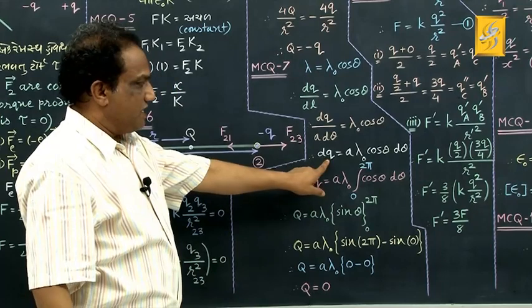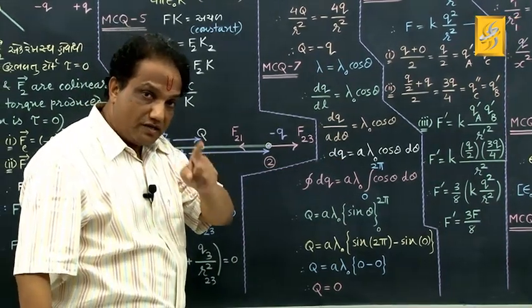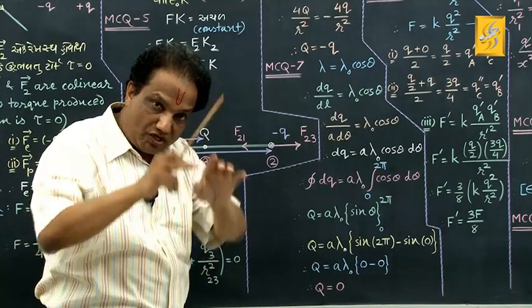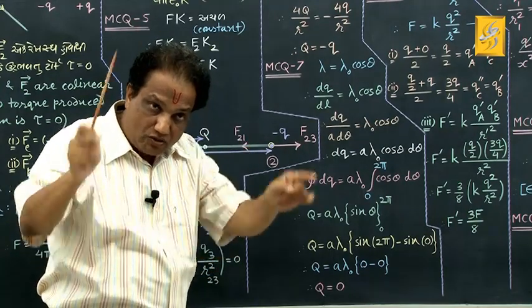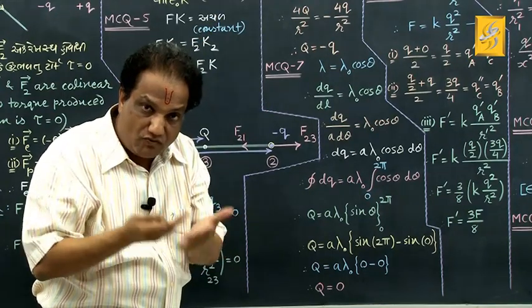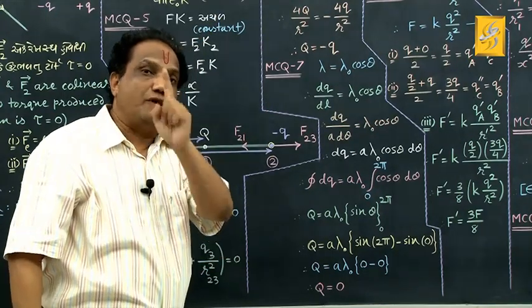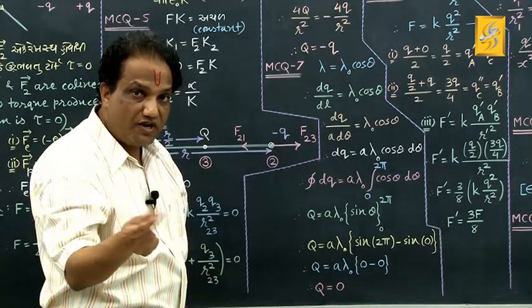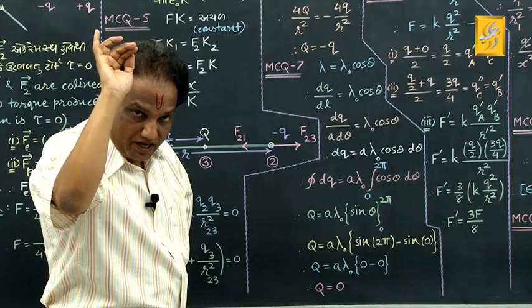But this is the charge present over the considered extremely small length element, correct? But we want the total charge located on that circle, and to find that total charge, you should take the summation of these partial amounts of electric charge. Summation can be found mathematically by taking integration.